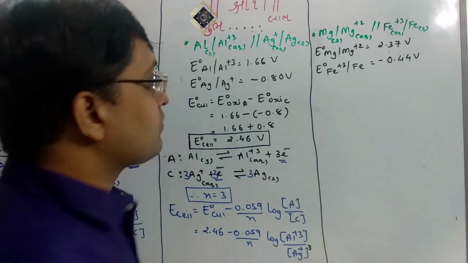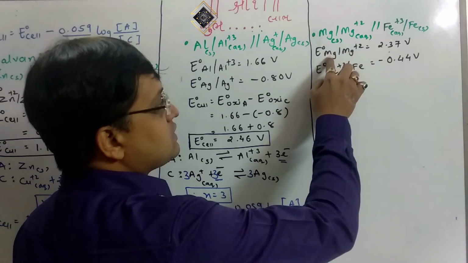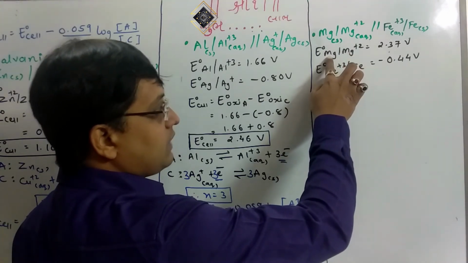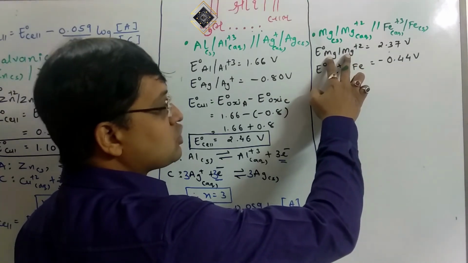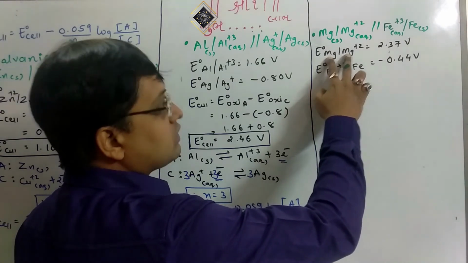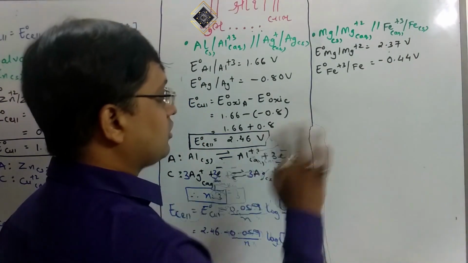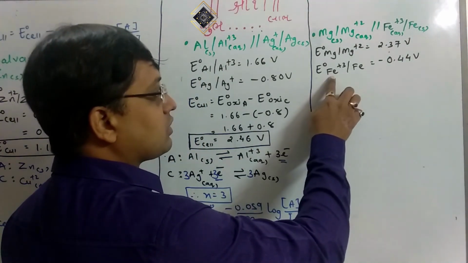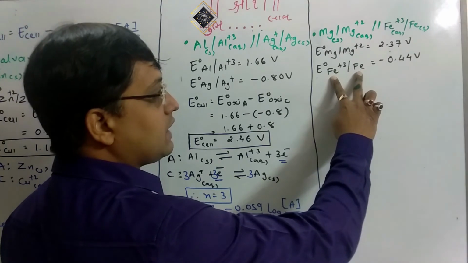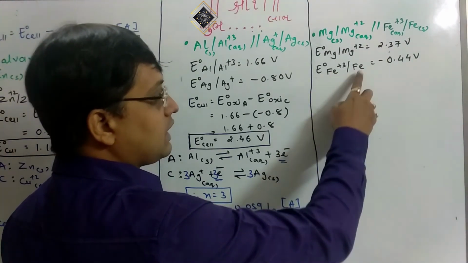Let's check. Mg converting to Mg plus 2, that means the oxidation number of Mg is 0 here, and here it is plus 2. That means the oxidation number increased by 2. Therefore this potential is in which form? Oxidation. But in this case Fe plus 3 converts into Fe. The oxidation number of Fe is plus 3 here, and here it is 0.